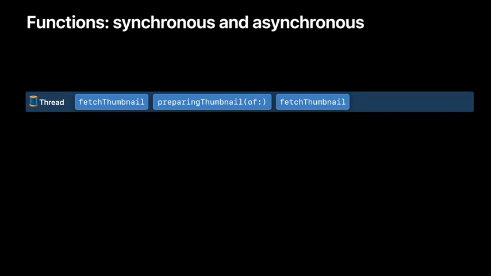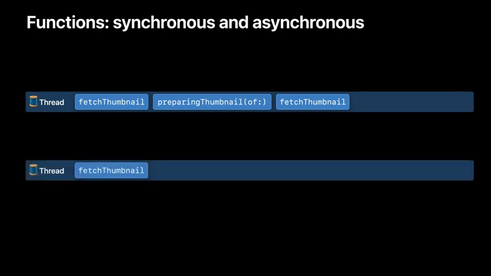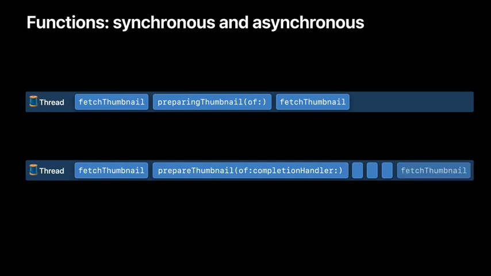So if your fetchThumbnail function calls preparingThumbnail, the synchronous function UIKit provides, until it finishes, your thread can't do anything else. In contrast, if you call prepareThumbnail(completionHandler:), the asynchronous version of that function, while it runs, your thread is free to do other work. When it's done, it will notify you by calling its completionHandler.